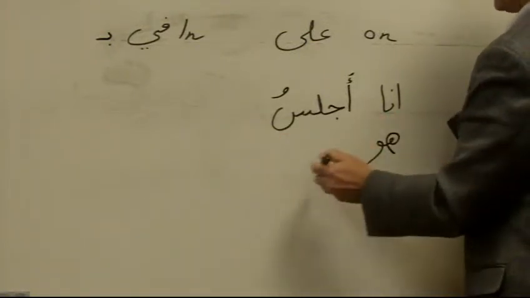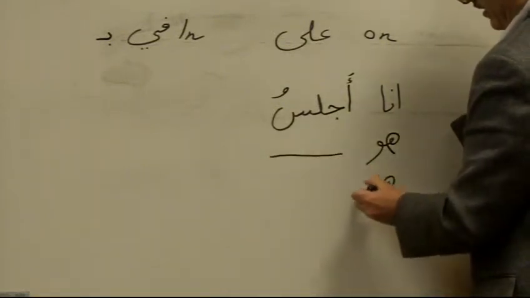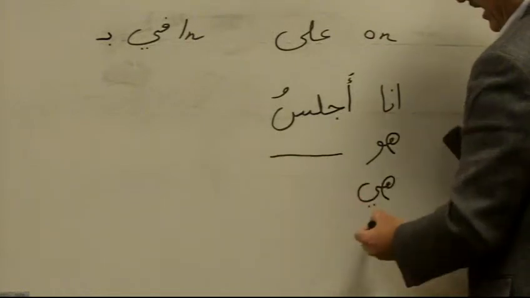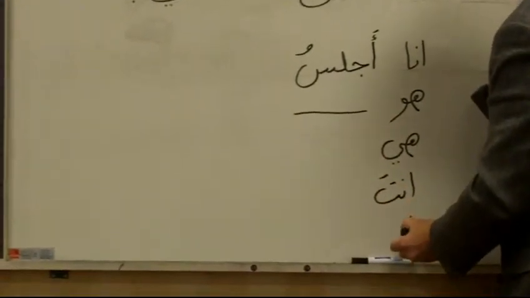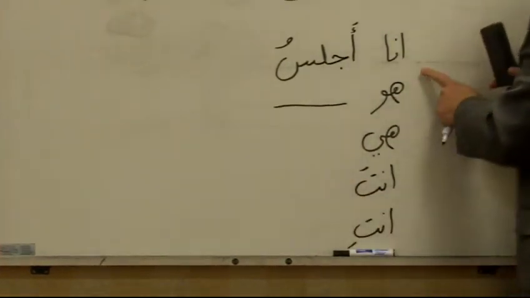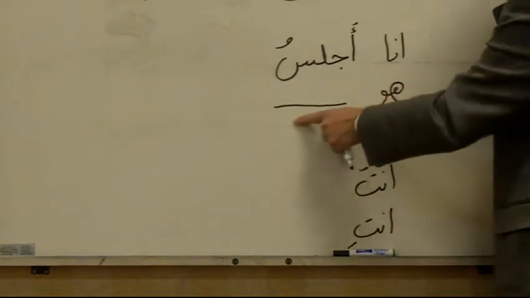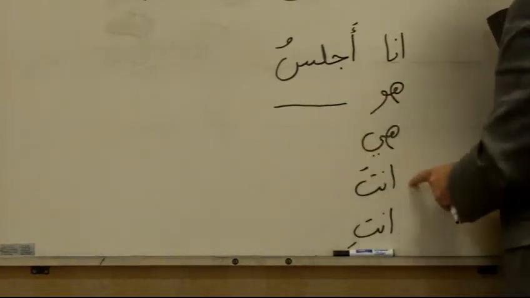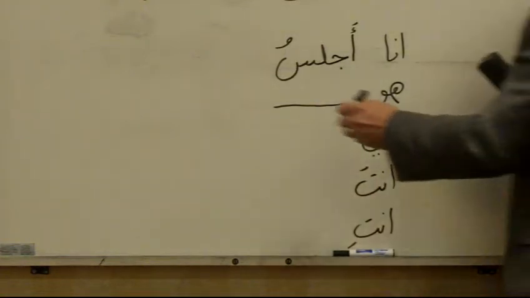So أنا أجلس, هو, هي, أنت, أنتِ. This will be your homework for today. I want you to do this verb, and I want you to fill in the blanks.